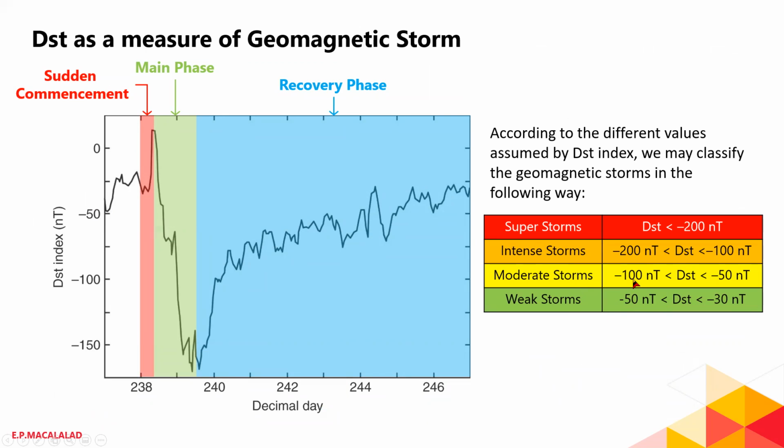It is a moderate storm if the DST index, meaning the minimum value it reached, is -50 nanotesla to -100 nanotesla. It is considered an intense storm if the DST reached -100 to -200, just like this example, and it will be a superstorm if the DST is much lower than -200 nanotesla.